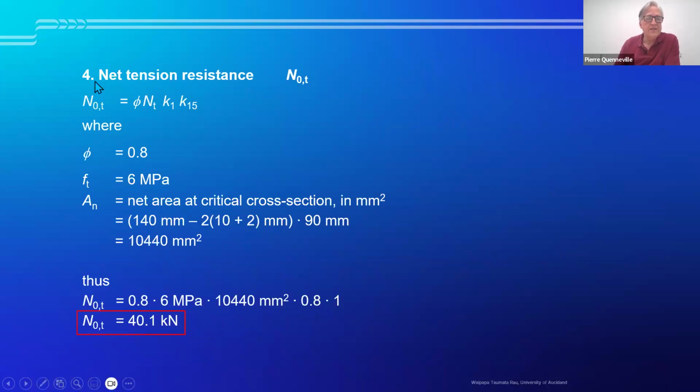Our tensile resistance for this MSG8 is 6 MPa. So for our net tension resistance, the material reduction factor for that equation is 0.8, even though it's a brittle failure. We have the 0.8 for our load duration and our 1 as our service condition. And we obtain 40.1 kilonewton for that mode of failure.